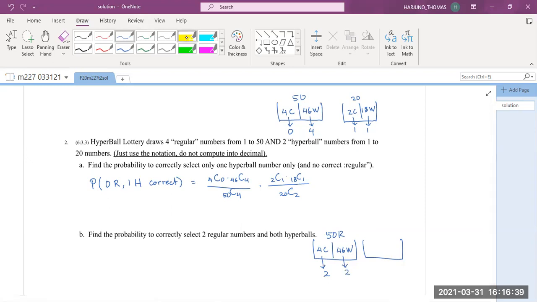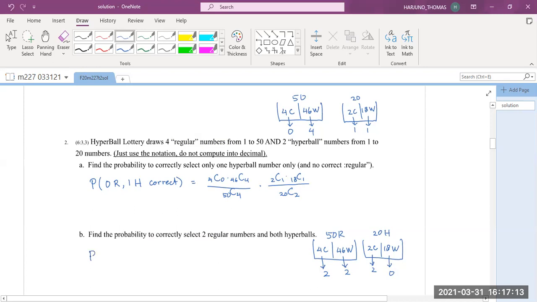You need to select 4 regular numbers, and if 2 of them are correct, then the other 2 must be wrong. Now the hyperbole: there are 20, 2 of them correct, the other 18 wrong. What you need here is both hyperboles correct, meaning none of them wrong.